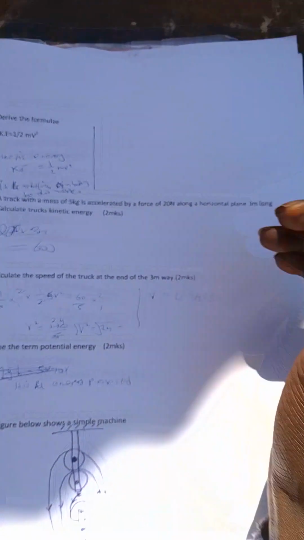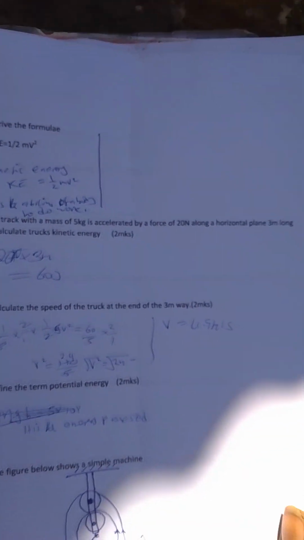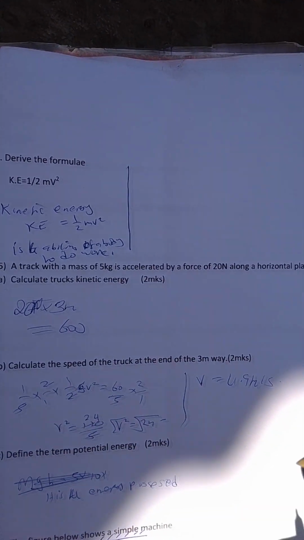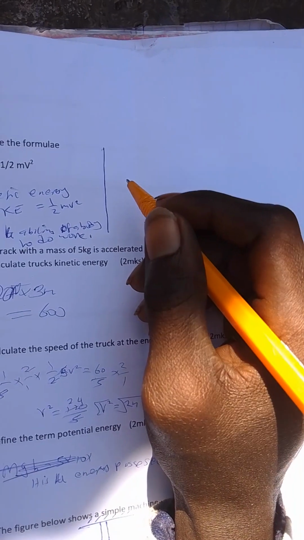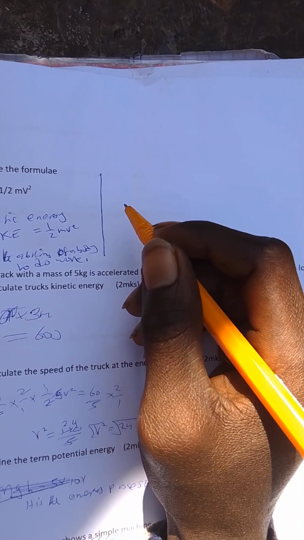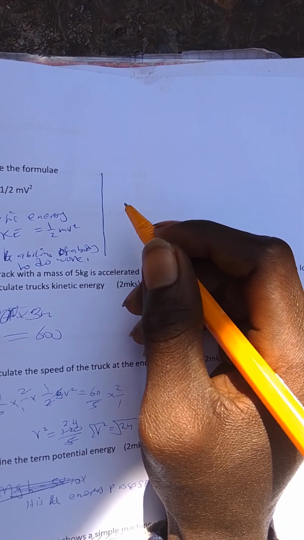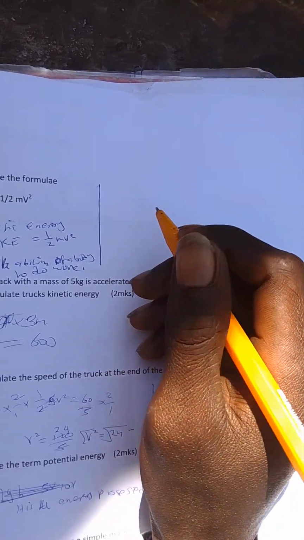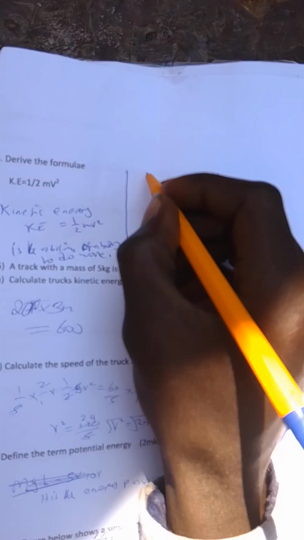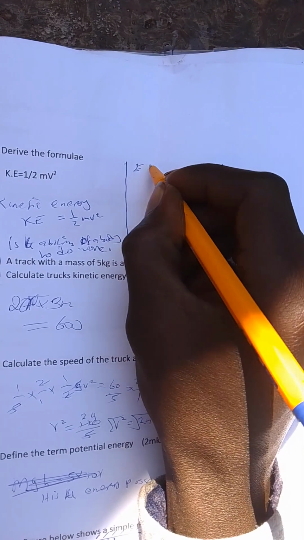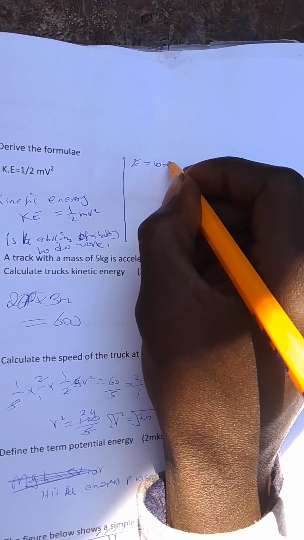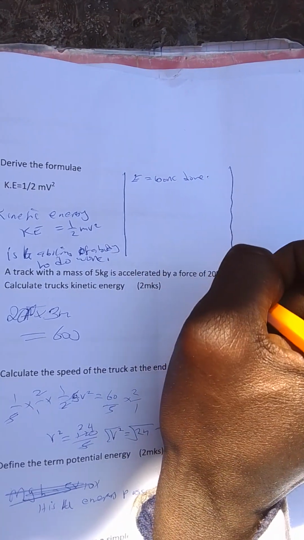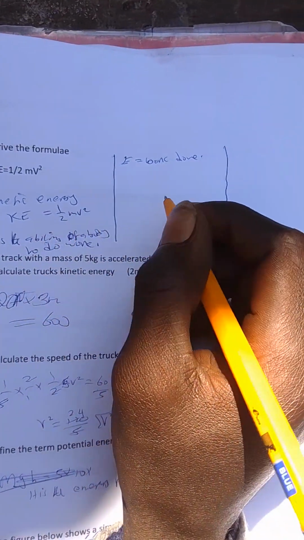And now, from our definition of what is energy, we know that your ability to do work is equal to the work that is done. So you can say that energy is equal to work done. It is the same, it's equivalent to work done.